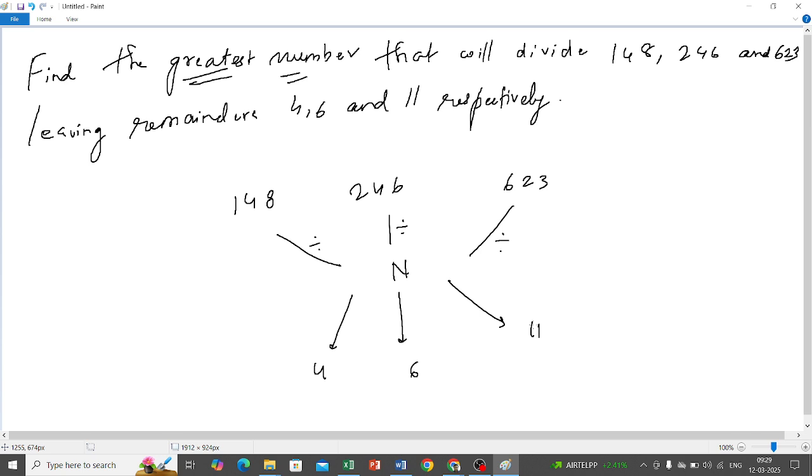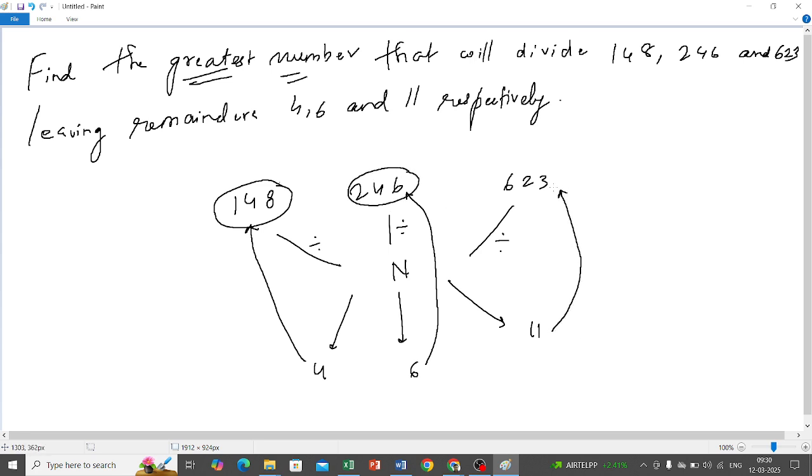Now think: I said remainder should always be subtracted, right? So if I subtract 4 from this, and 6 from this, Sir, answer is 12.